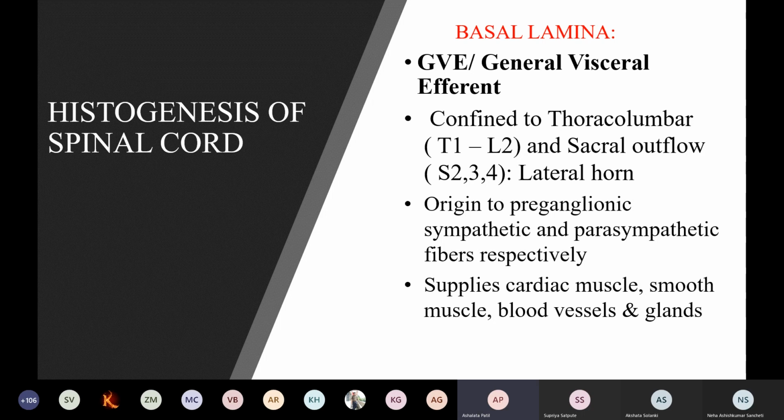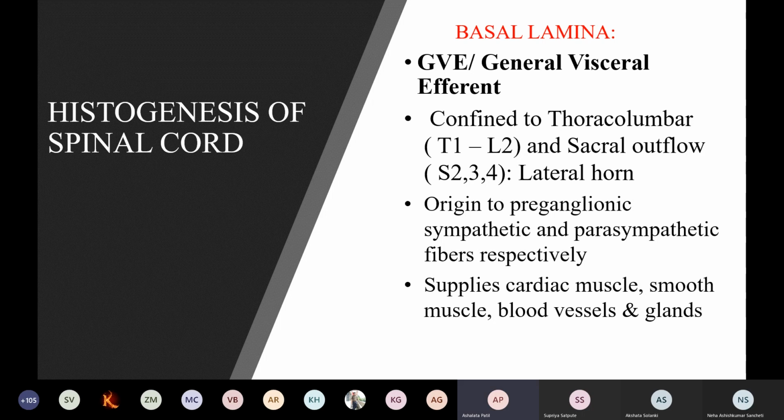And there is a parasympathetic outflow. The parasympathetic system is described as the craniosacral outflow. The sacral outflow is confined to S2, S3, S4. So again there is a lateral horn, and the nuclei of this zone give rise to preganglionic parasympathetic fibers. So this is the spinal part.